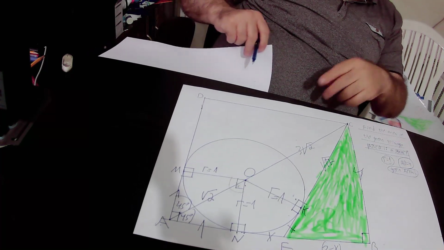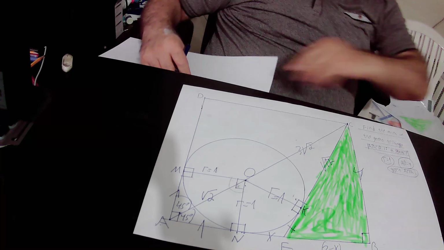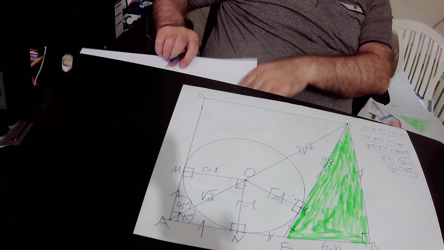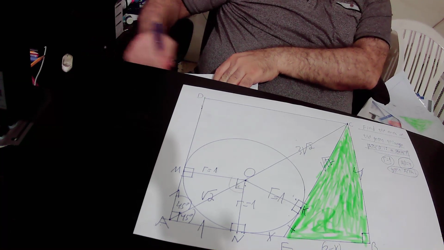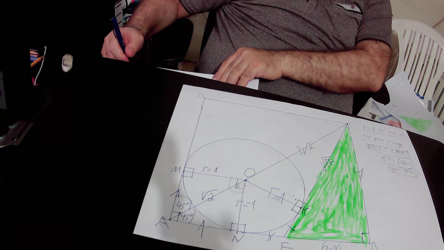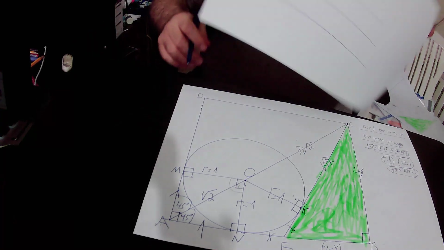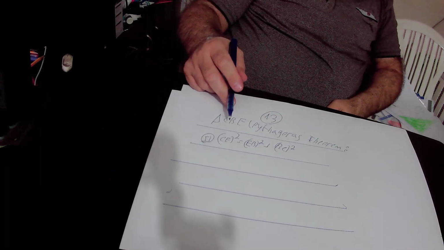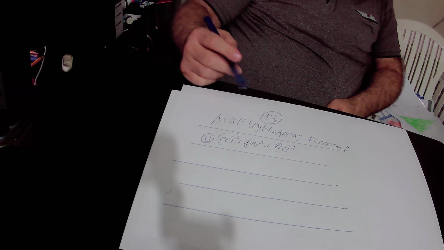Okay, so we actually found out, according to the Pythagoras theorem, in the right green triangle, triangle CBE, CE squared equals EB squared plus BC squared.